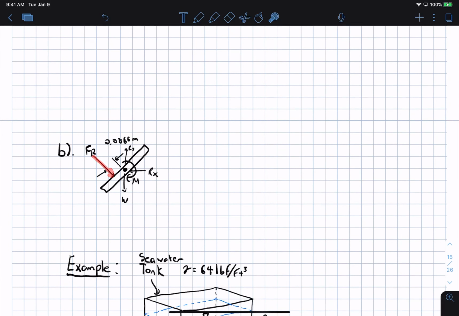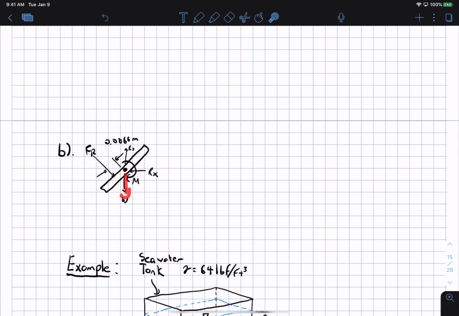We know its value. Now we need to figure out where to put that, because essentially our free body diagram, which I should have actually drawn above, has the resultant force from pressure pushing on the gate. We have a reaction force in the x direction.